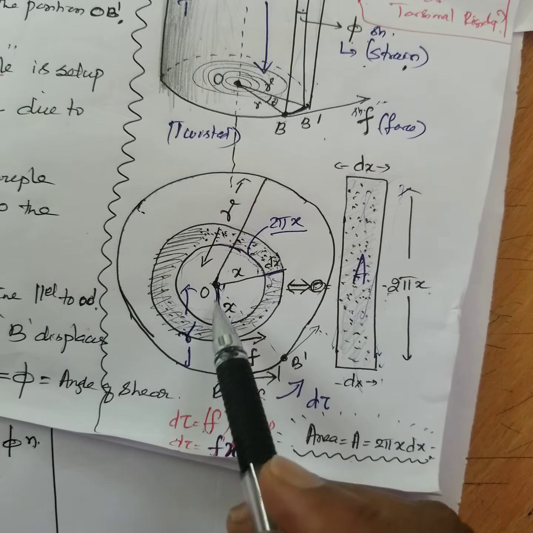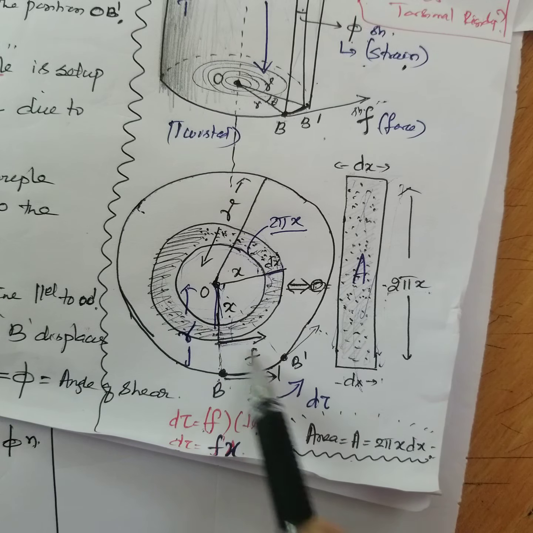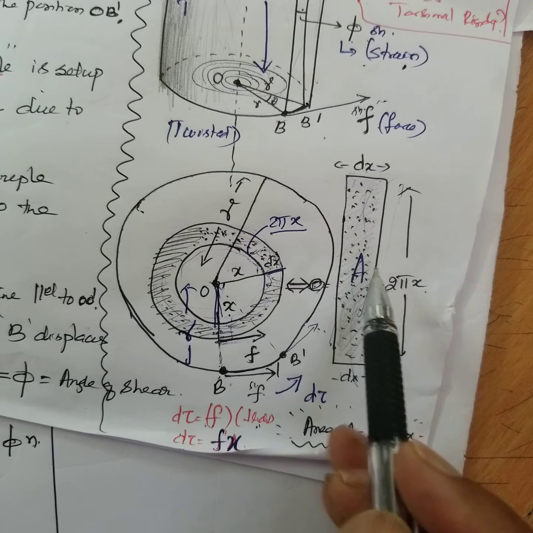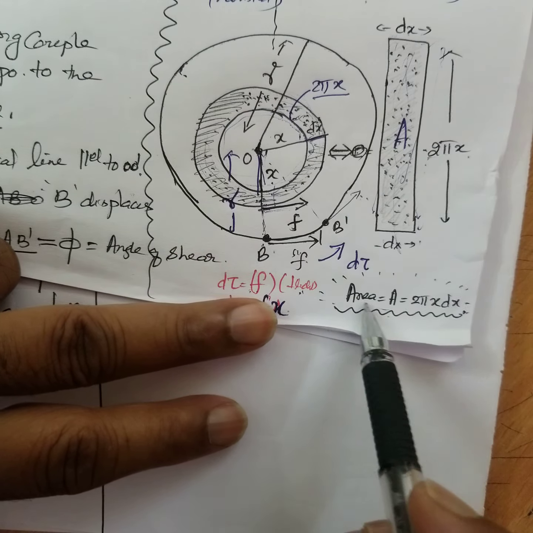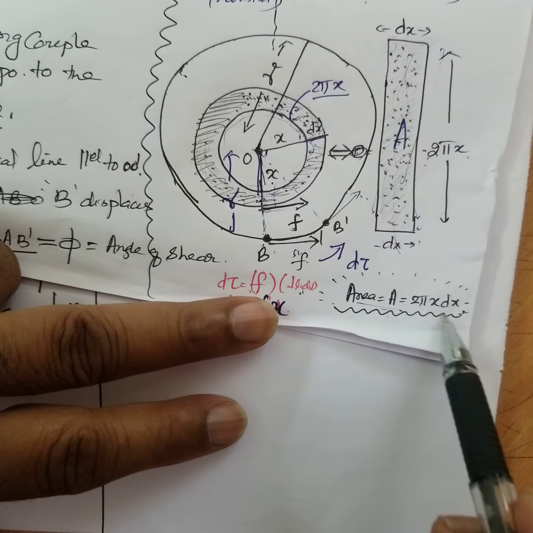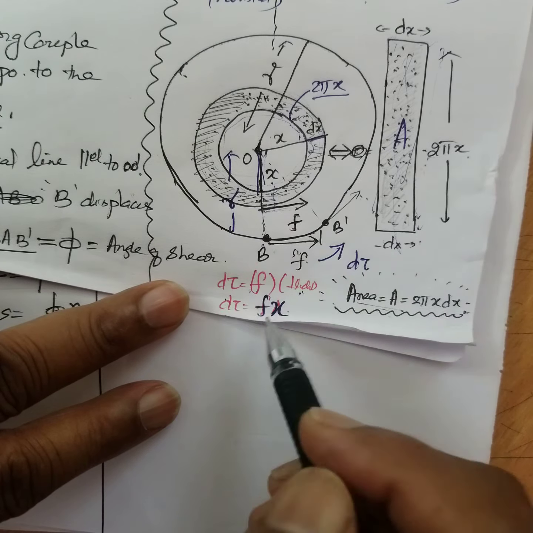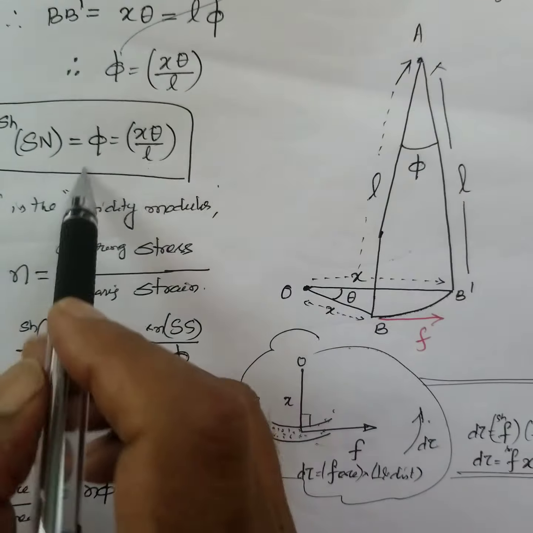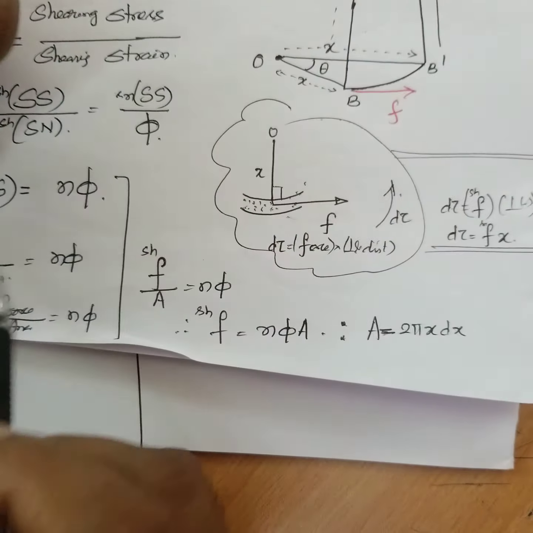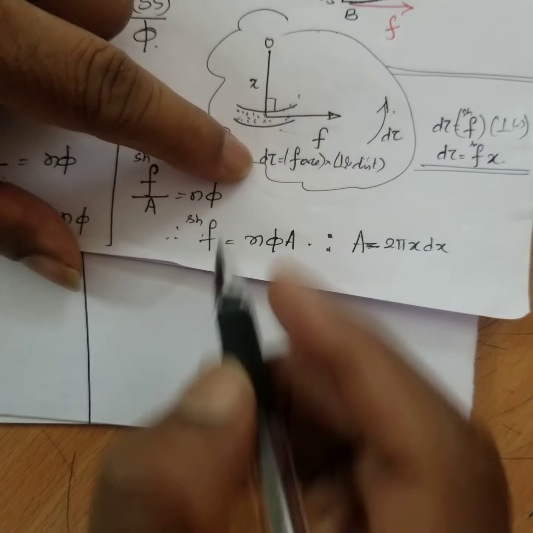Force is equal to force per unit area. Right? What is the area? Area is equal to length into breadth, 2 pi x. We are done. Force into distance. We are done. This relation we are done. Then again you are getting the force. Force is equal to what?